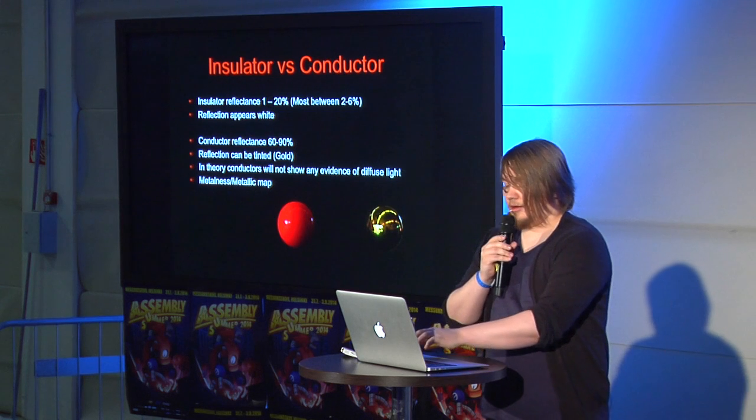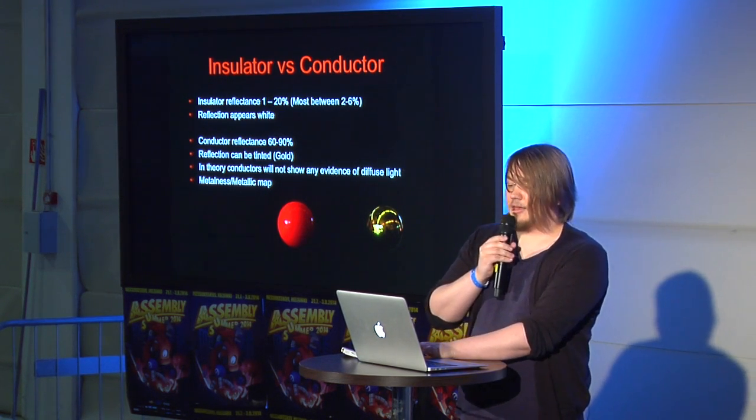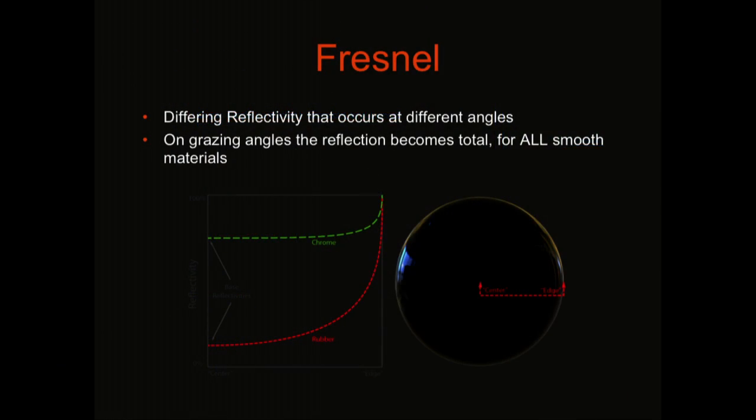But what we need to understand about reflectance is also that it's not actually a constant value, because of the Fresnel effect, the reflectivity is different from different angles. And at grazing angles, the reflection becomes total on all smooth materials.